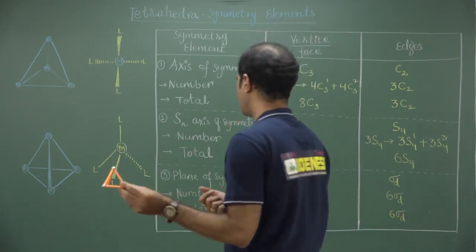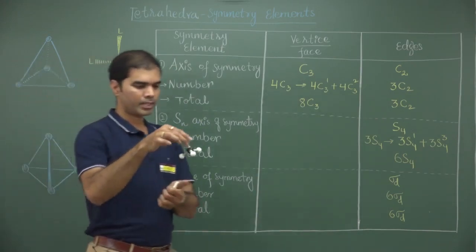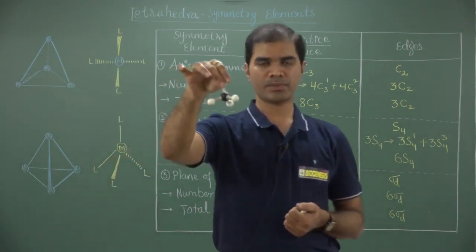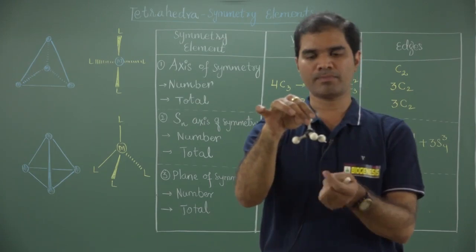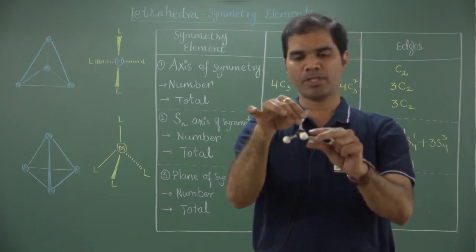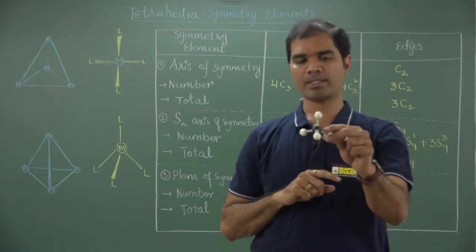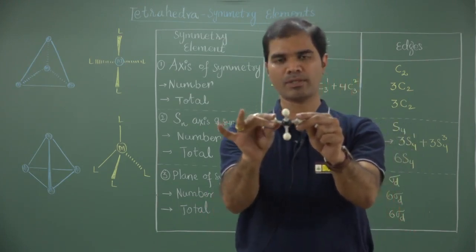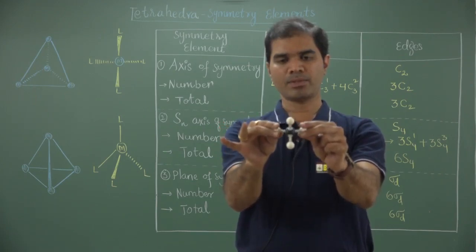For the next 2 structures, this is the representation. One is above, the remaining 3 are facing below. Another important representation where you can understand the alternating axis or the SN axis is to hold the molecule in this manner. Instead of holding it this way, you try to hold it in this way.